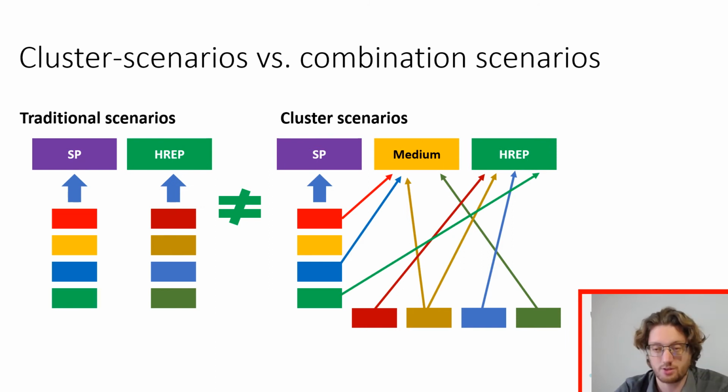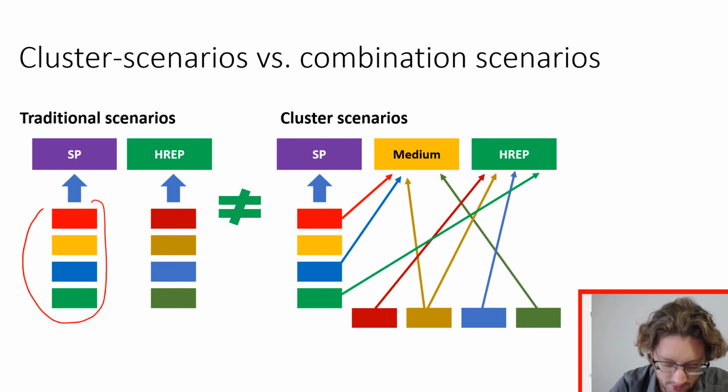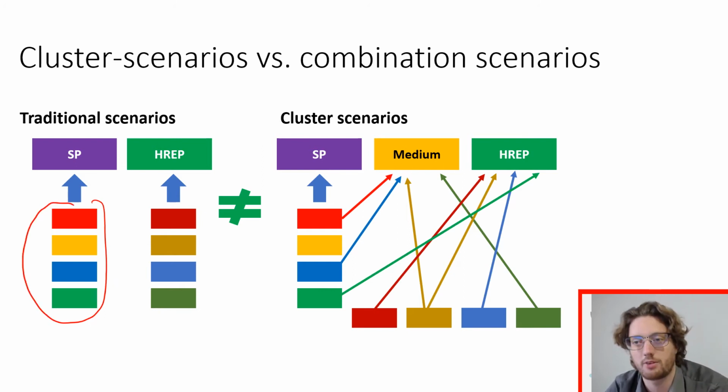So in traditional scenarios, which I showed you before, we have a number of changes, just giving colored boxes, which are in this one we have a stated policy scenario, which is more or less a slightly differently specified BAU scenario, or baseline scenario.